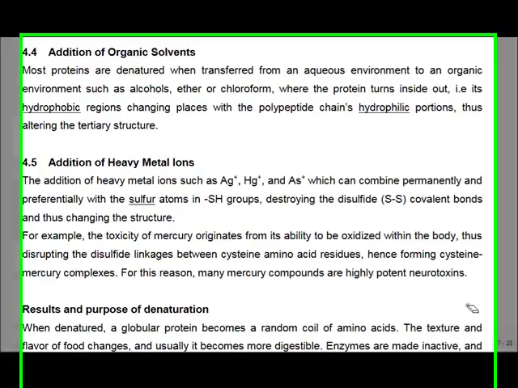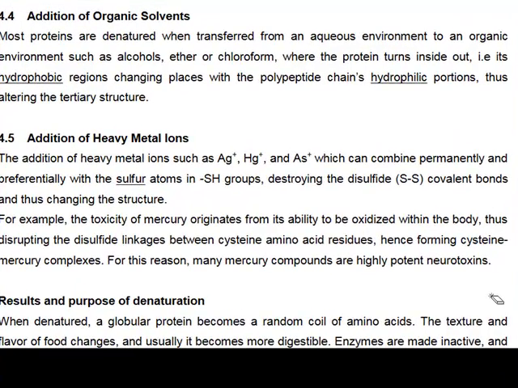The hydrophilic part of the protein, on the other hand, is at the exterior of the protein, as this will form strong hydrophilic interactions with water. So when we add organic solvent to the aqueous environment, it will cause the protein to turn inside out, and this will cause the protein to lose their tertiary structures.